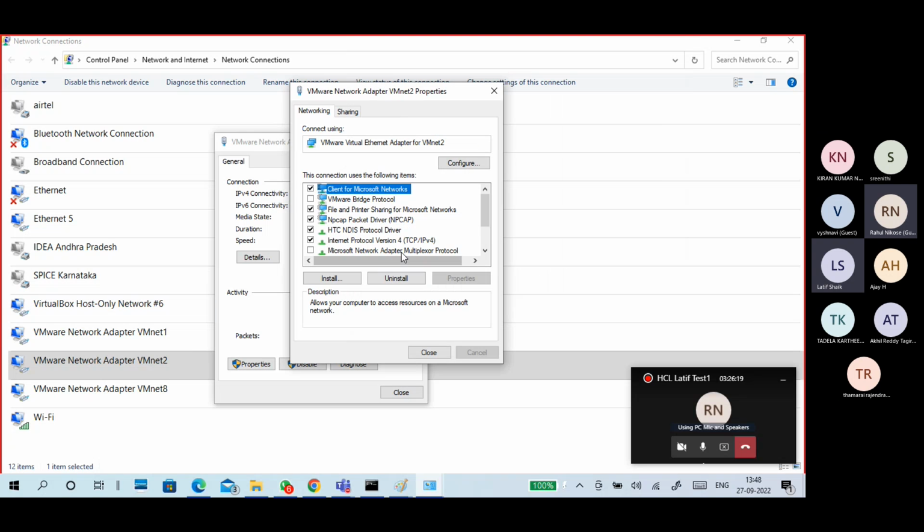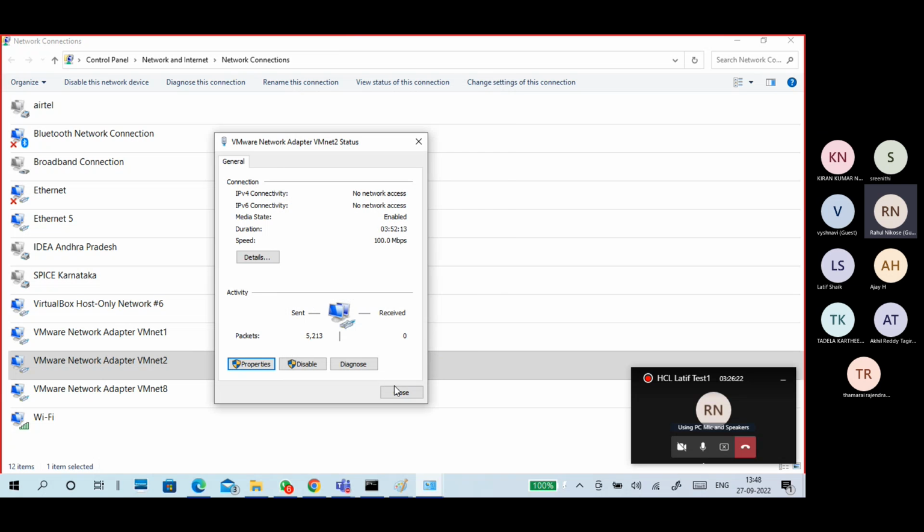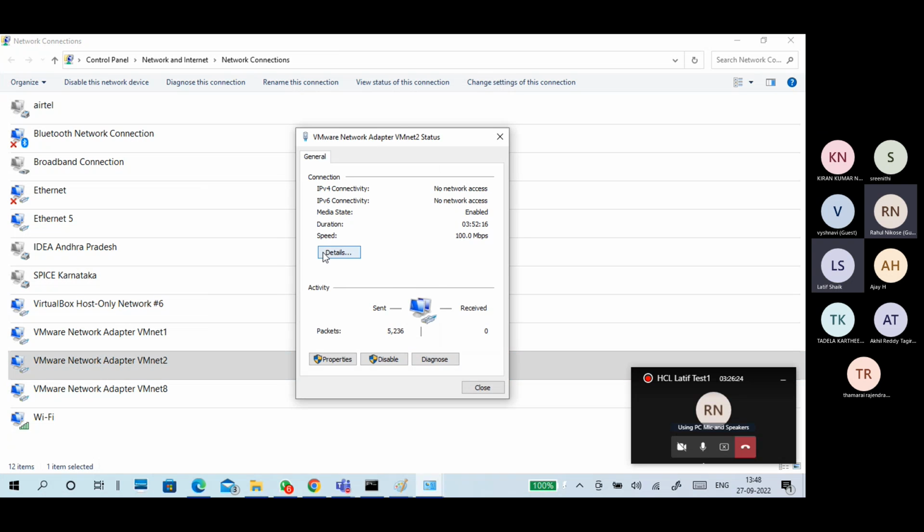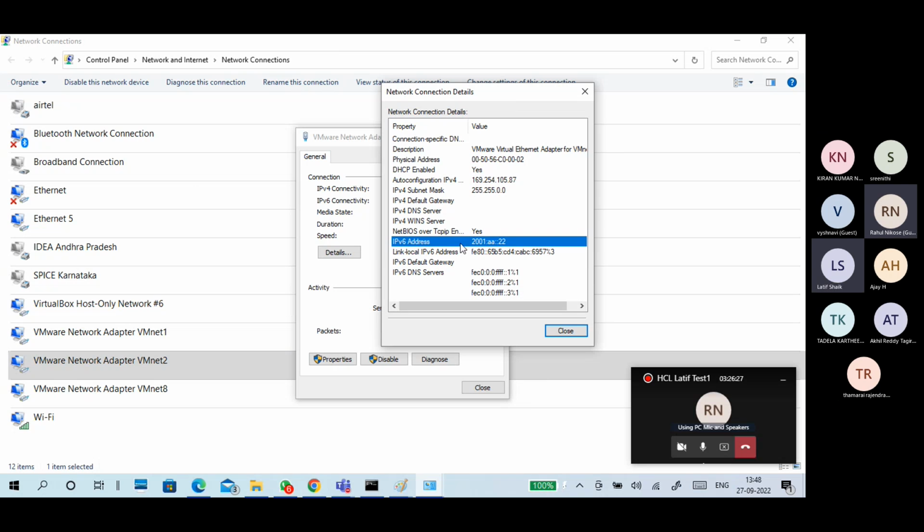Just click close, close, close. Again, check it. So can you see the IPv6 address? Even though I assigned an IP address, the link local IP address is there. The link local IP address is the IP address given by the system to our adapter. This is the IP address I gave manually, or if you got an IP address from DHCP for IPv6, still you will have a link local.